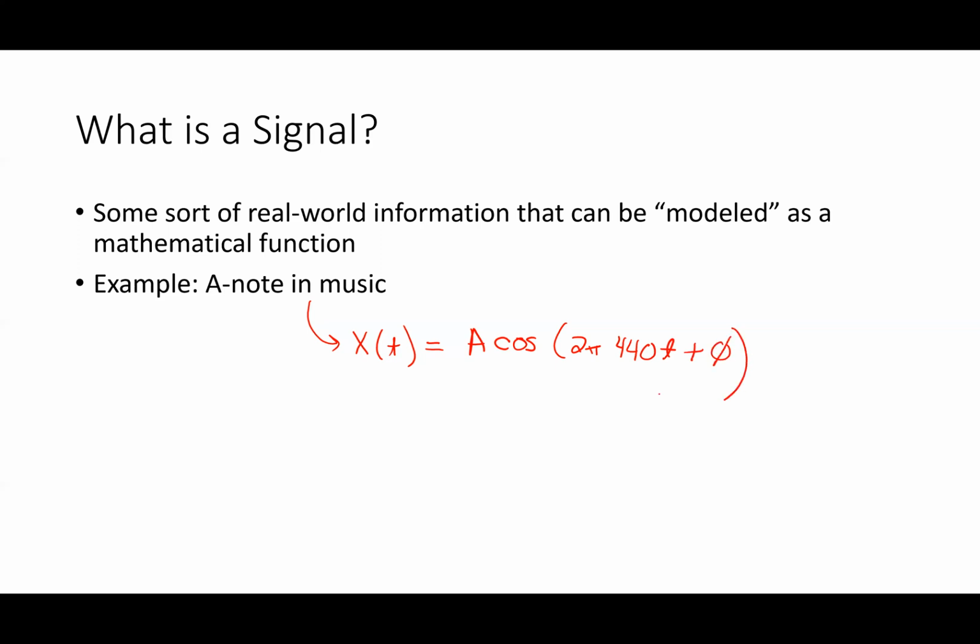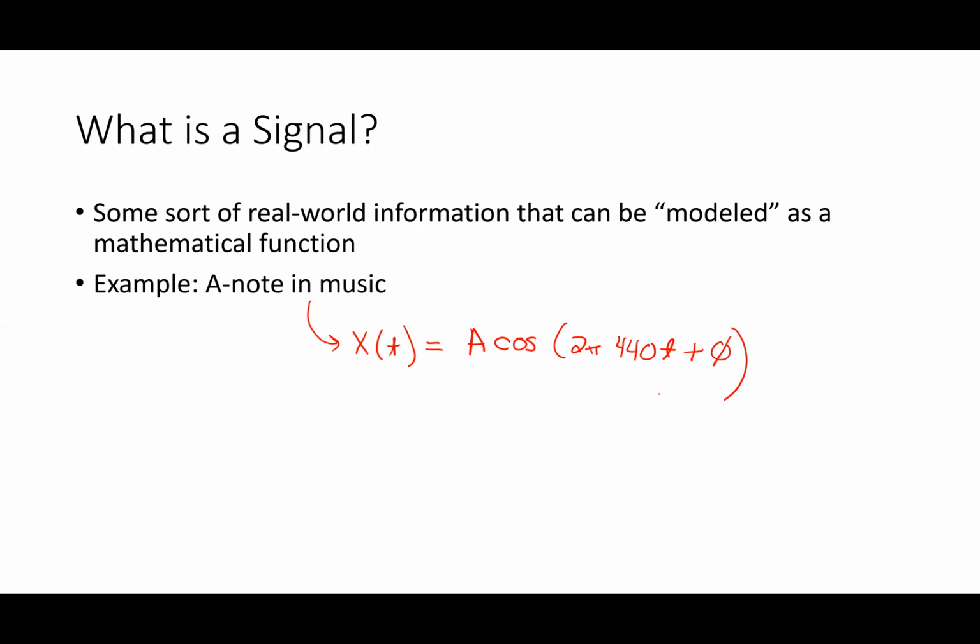And the shift doesn't really matter, your ear can't hear time shifts necessarily. This isn't totally true, because this implies that the A note lasts from t equal negative infinity to t equal infinity. It's a little more complicated than that, because certainly we're not always hearing one. So this only lasts for a certain period of time, but you get the basic idea. We use that term signal a lot because it represents some kind of information that exists in the physical real world.